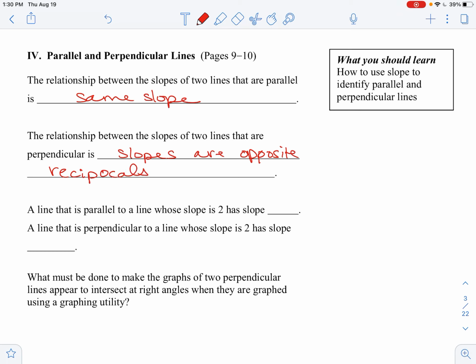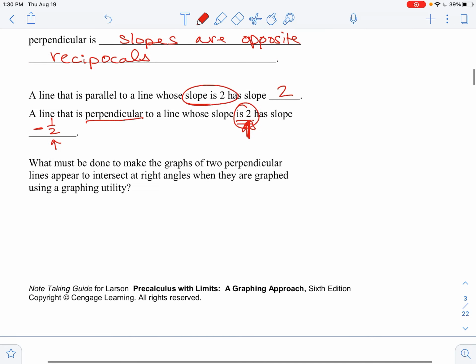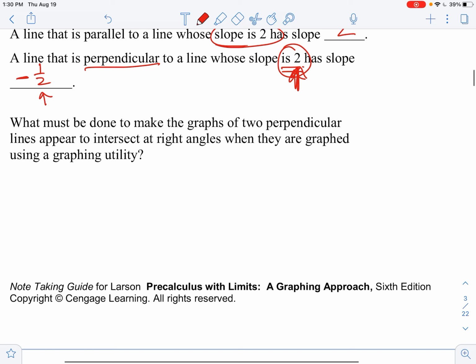And a line that's parallel to a slope of 2 then also has the same slope of 2. And a line that's perpendicular to a slope of 2 is going to have the opposite reciprocal. So the opposite of a positive is a negative, and the reciprocal of 2 is 1/2. So these two are slopes that are opposite reciprocals, or perpendicular.